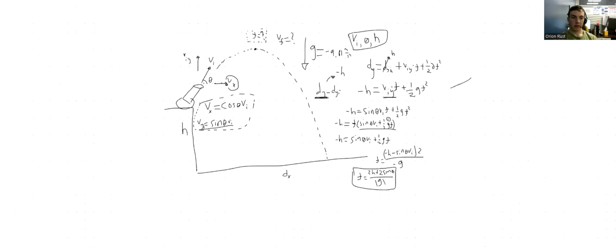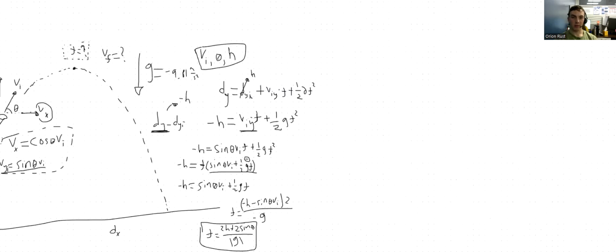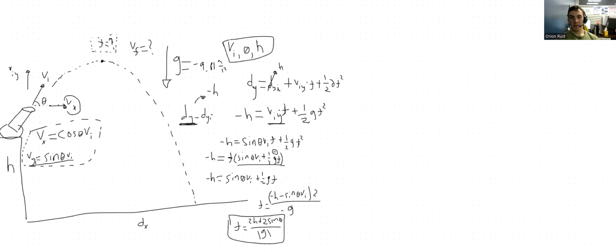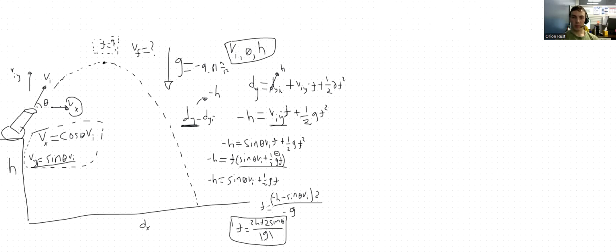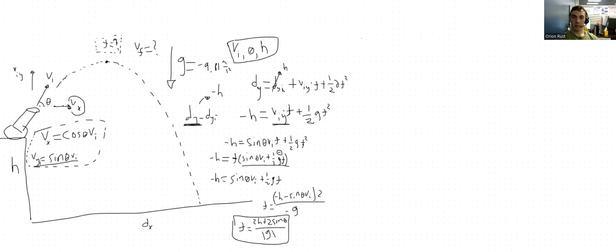So let's talk about the x direction. We haven't been doing a lot of talking about the x direction. Since there's no acceleration in the x direction, velocity is going to be constant. So we have this lovely equation, v, and in this case, we're talking about the x velocity, vx equals dx over t, or distance over time.